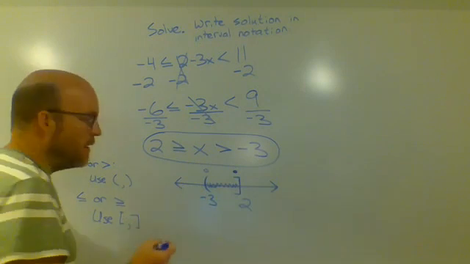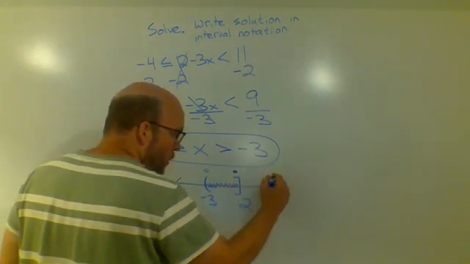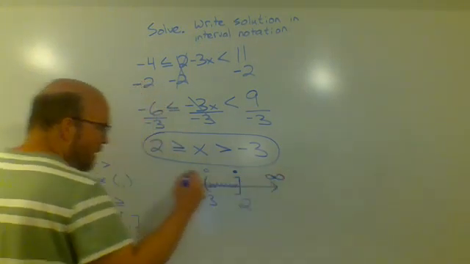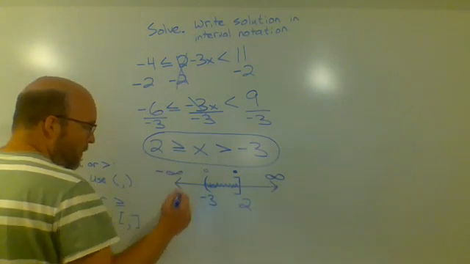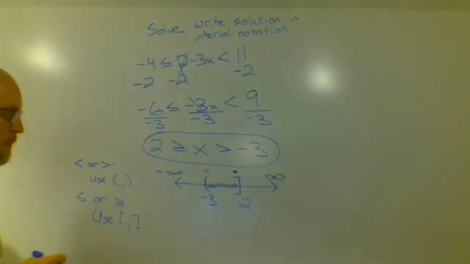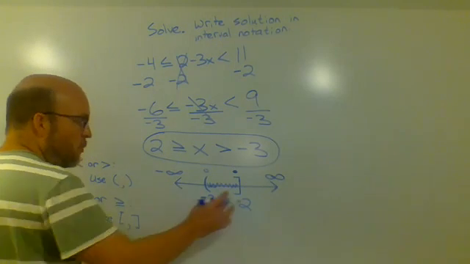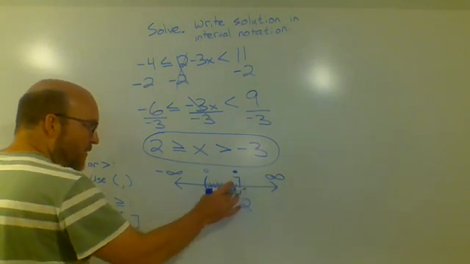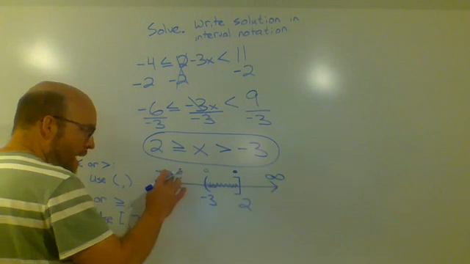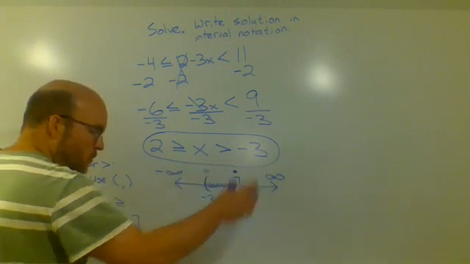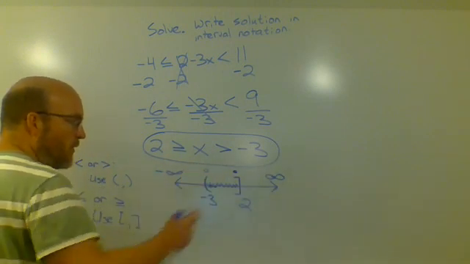That's not what's happening here. But a reminder that if that happens, you are going forever to the right or forever to the left. So I'm kind of tying in a little bit more than just this problem here. But you're either writing down the endpoints if the shading stops at an endpoint, or you're writing down an infinity if the shading goes to one arrow or the other forever.